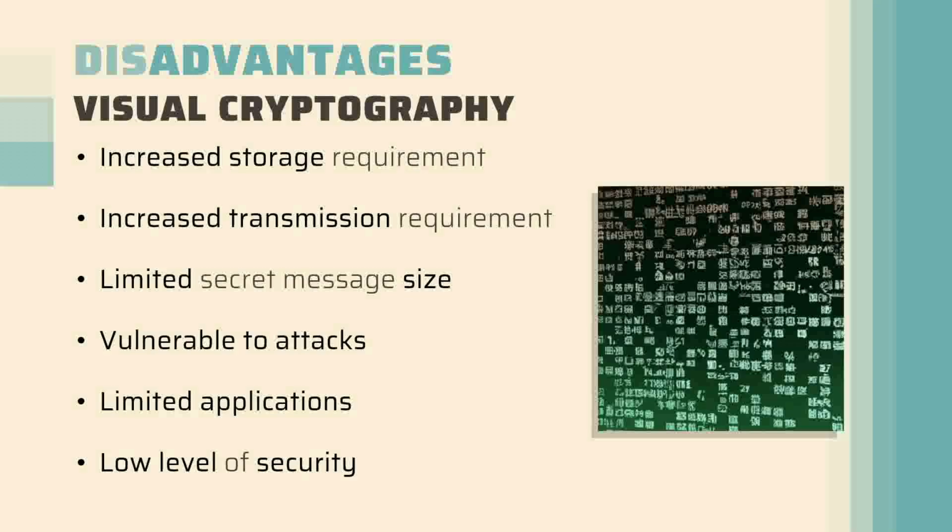It is vulnerable to attacks that can reveal the secret message if an attacker has access to a sufficient number of shares. It is also limited to applications that require the sharing of visual information, such as images or text. Lastly, it provides a low level of security compared to other cryptographic techniques such as public key cryptography or symmetric key cryptography.